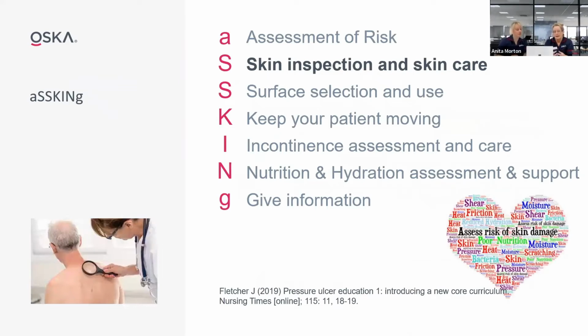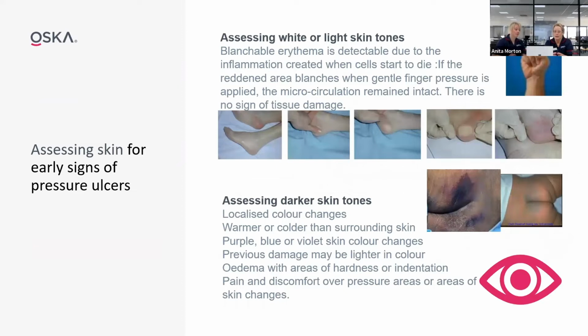So the next S is around skin inspection and skin care. So we need to be regularly assessing the skin, obviously on admission, and recognizing any areas that we are worried about. And we need to remember some of the fundamental things that are so easy to do. So for example, on white or light toned skin, we need to be using our finger to test for whether the redness on the skin blanches under fingertip pressure.